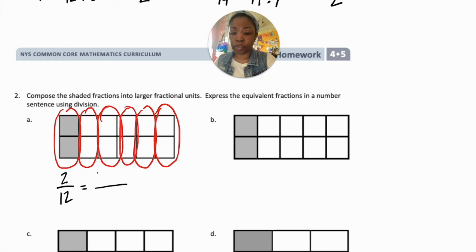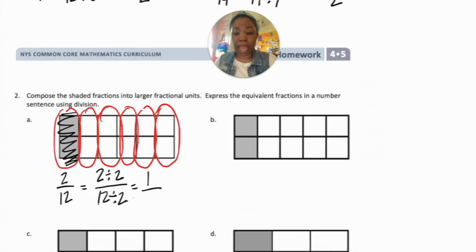I made groups of 2. So I'm going to divide 2 divided by 2, 12 divided by 2. That equals 1 group shaded. See, now there's 1 group shaded. And 12 divided by 2 equals 6. So if you notice here, we have 1 group shaded out of 1, 2, 3, 4, 5, 6 groups. So 2/12 is equal to 1/6.